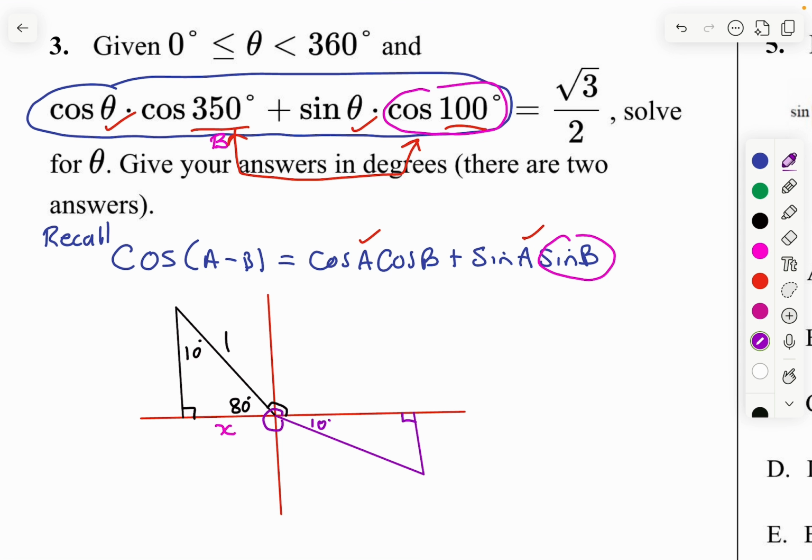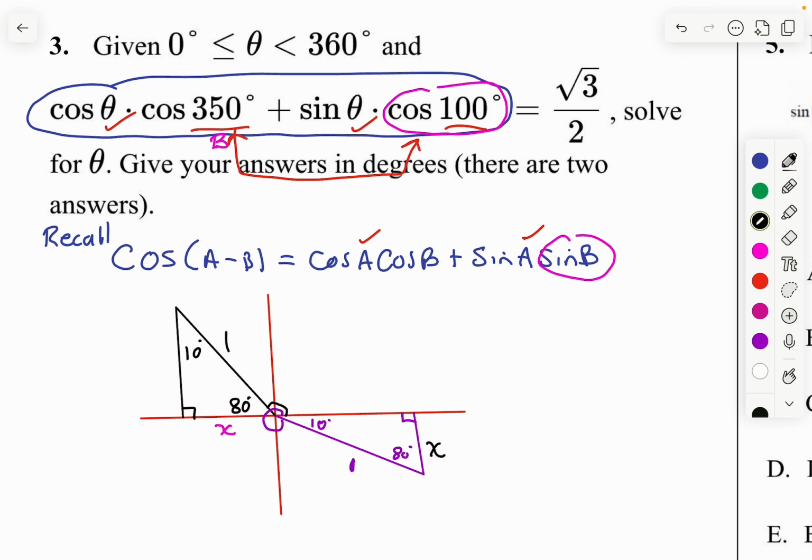If we fill out this triangle, the unit circle says that's a 1, and 80 degrees. Now look, these triangles are congruent. So the side opposite the 10 degrees, I could also label x. Notice I didn't name it negative x because in both diagrams they're both negative. So whatever that x value is, they're negative.